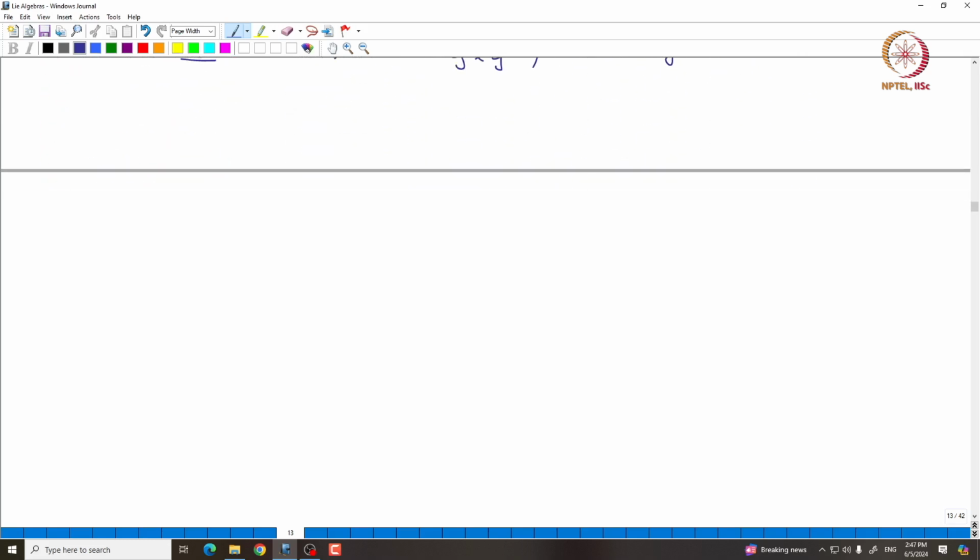Okay. So, before that we need to define the most important object called ideals. The ideal, it is a subalgebra, yes, subalgebra or even a subspace just to begin with.